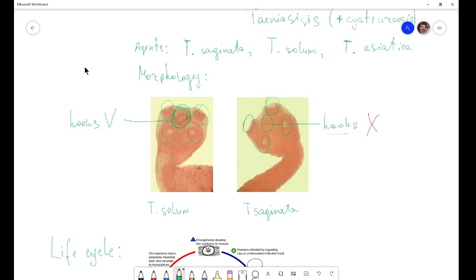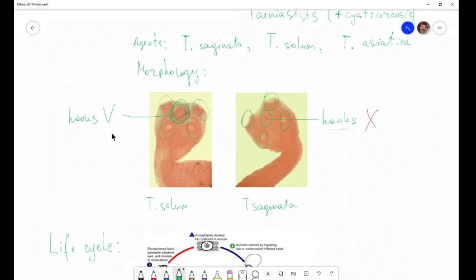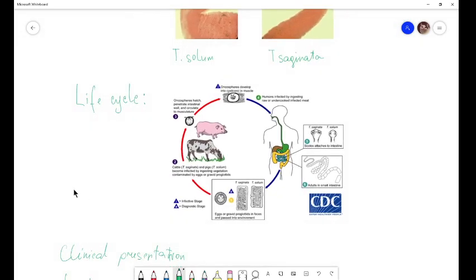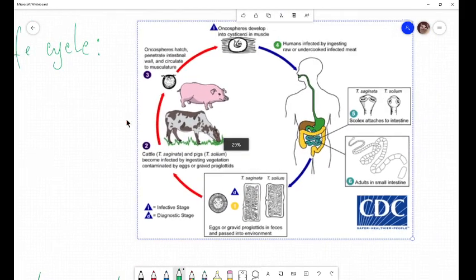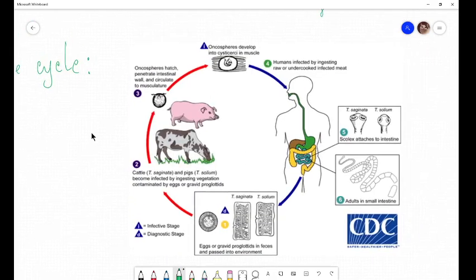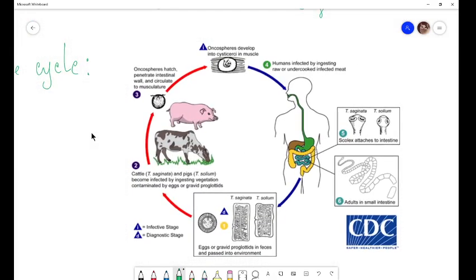It is not long, but it is long for our organisms. The next part is the life cycle. The life cycle is not so difficult to learn, but very interesting. What's so interesting?